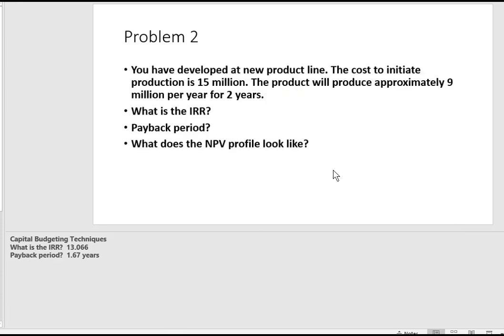A second problem. The cost to start the production is $15 million, and this product is going to produce approximately $9 million a year for 2 years. How do we do this? You go back to the capital budgeting technique spreadsheet, and you put in negative $15 million as the cost, and $9 million for years 1 and 2.